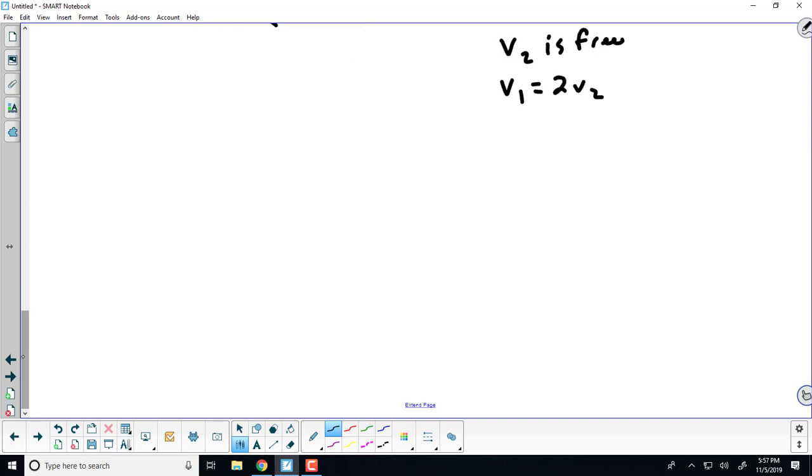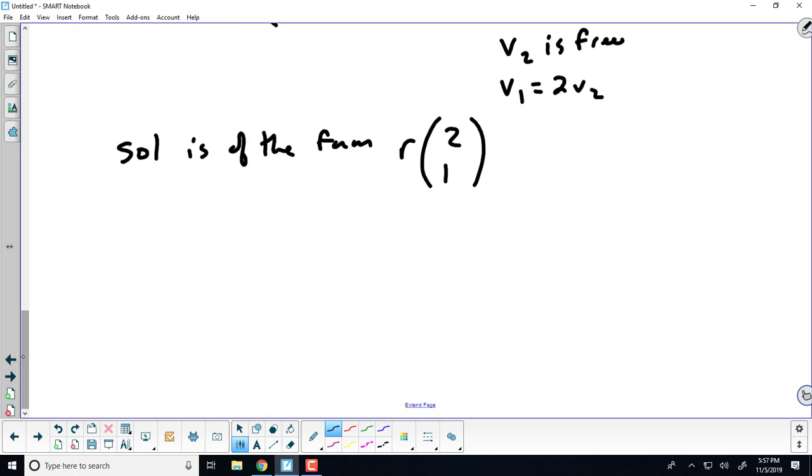So that means our solution is of the form: v2 is free, so we'll just put a 1 there, and v1 is twice that, so it's some constant r times the vector 2, 1. Which should be one of our eigenvectors, the eigenvector paired with 4. If it's not, it's the same up to a scalar multiple.